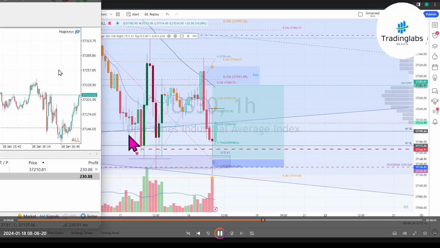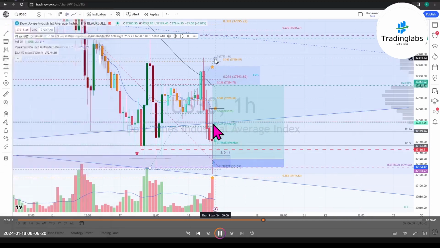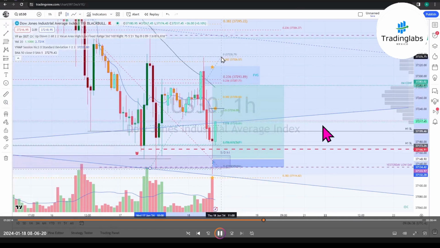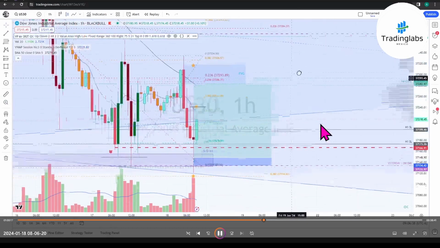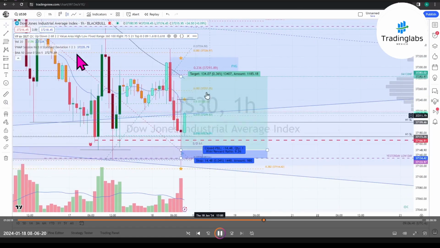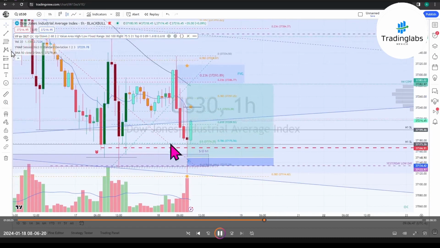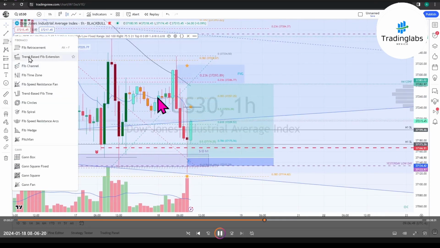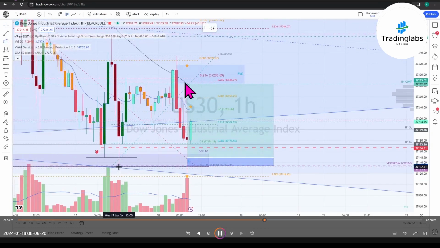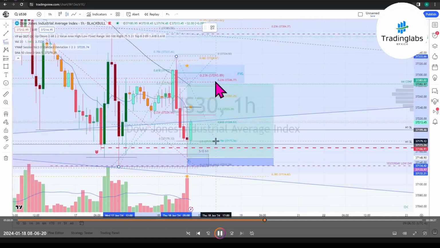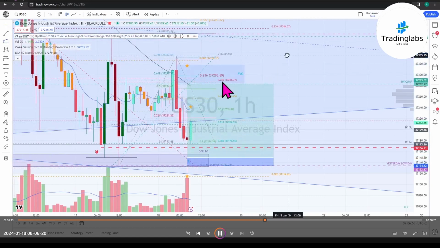We have this another channel, the crossing of the other channel. And also I have the other Fibonacci retracement from the swing high to the swing low to make a short. So I'm thinking if the short's coming, it's gonna come from this.